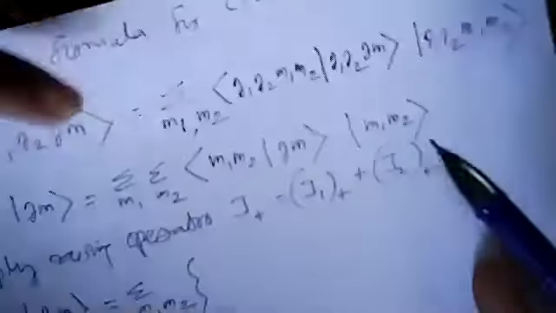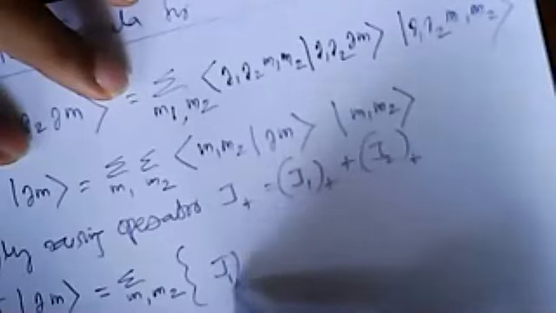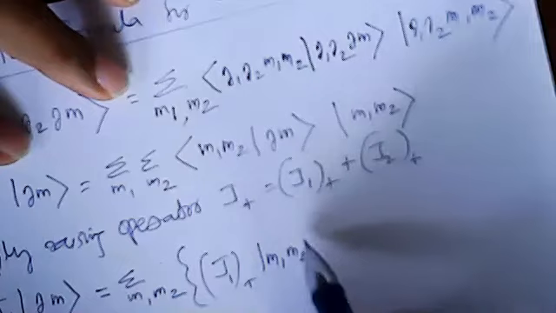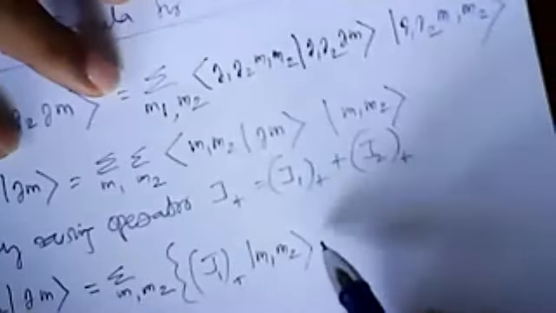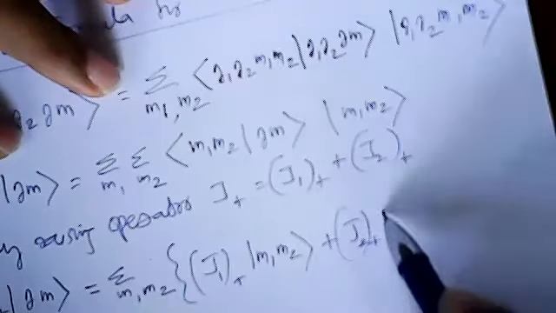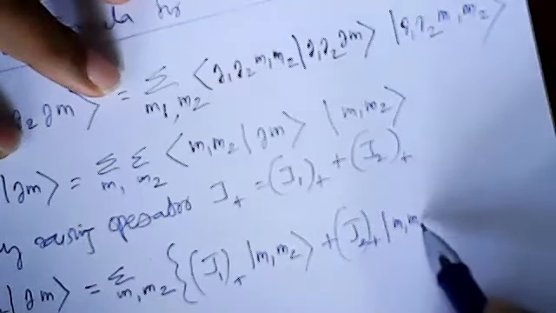So J1 plus acting on |M1, M2> plus J2 plus acting on |M1, M2>.